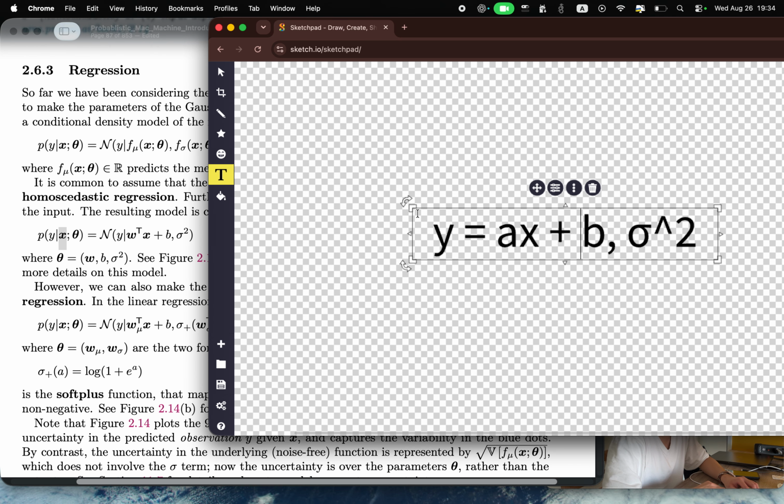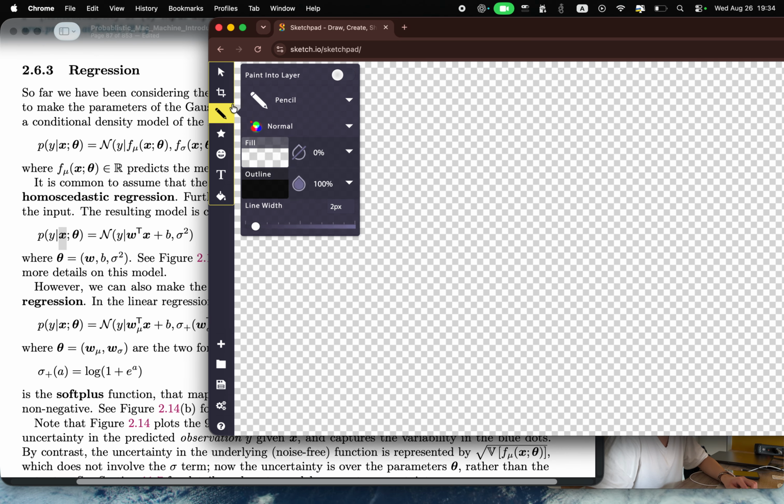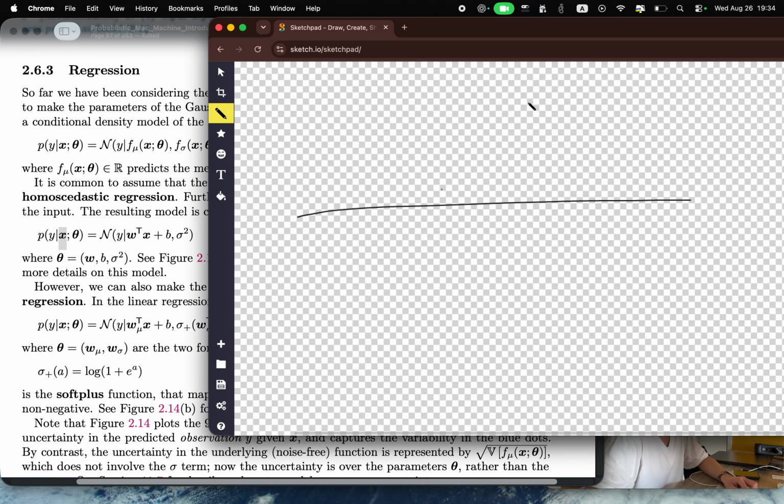I'm trying to draw it. This is x, this is y. I will write it this way.